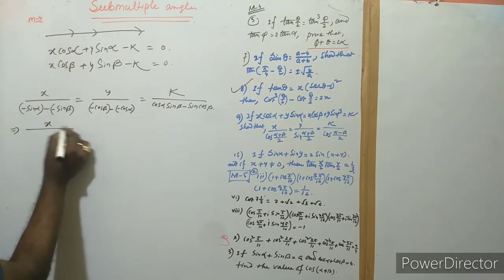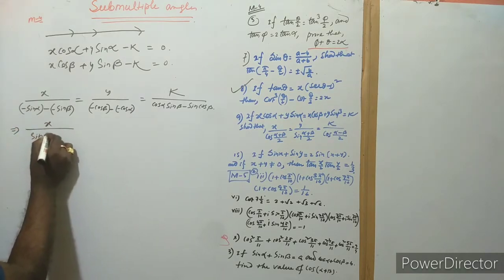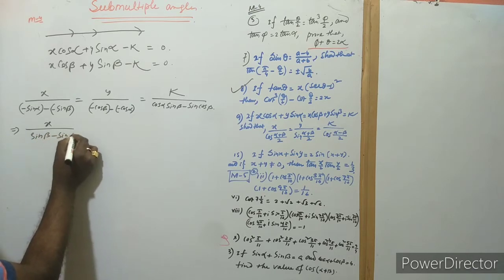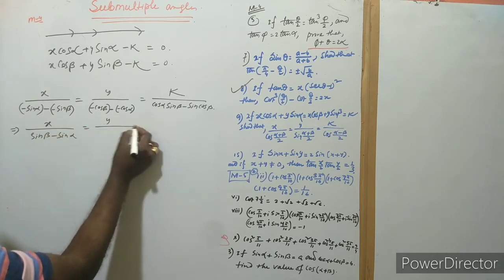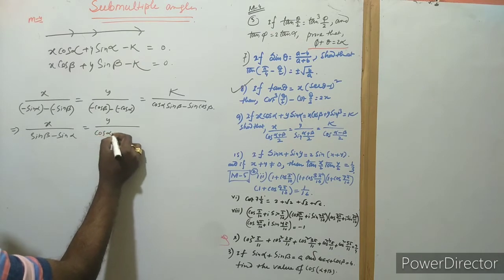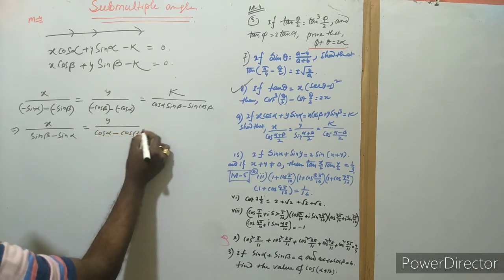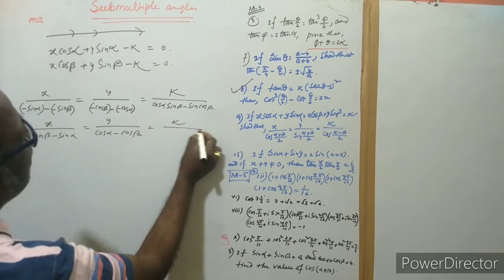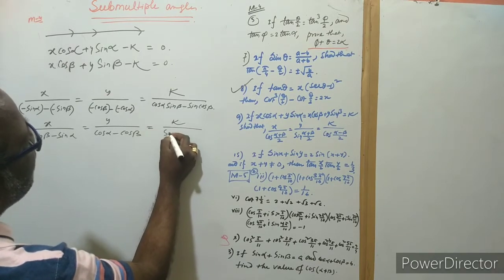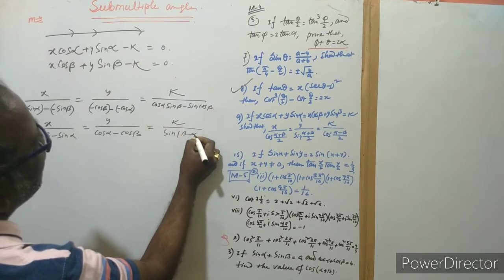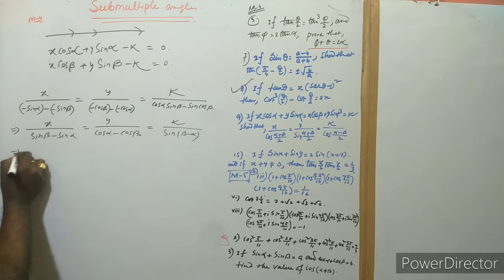So x by sin beta minus sin alpha, and this is y by cos alpha minus cos beta, and this is k by sin beta minus alpha. Now use the formula.